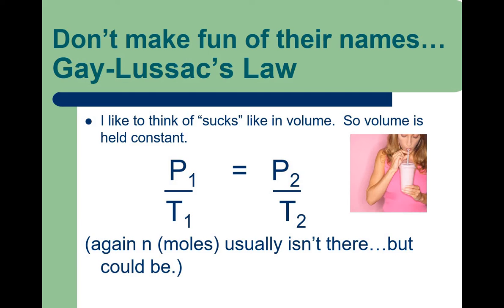They were French that discovered this. Again, N could be on the bottom, but it doesn't have to. Again, this is very, very important that temperature be in Kelvin in this law, because we don't want a 0 on the bottom or a negative number on the bottom. We can have negative pressure, but it's not really great. That would be more like a vacuum. Okay, we okay to move forward?